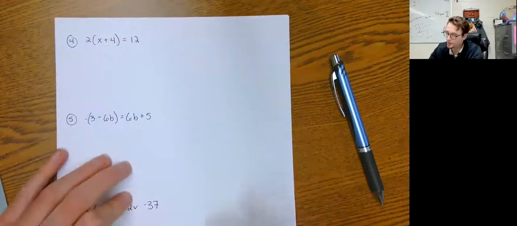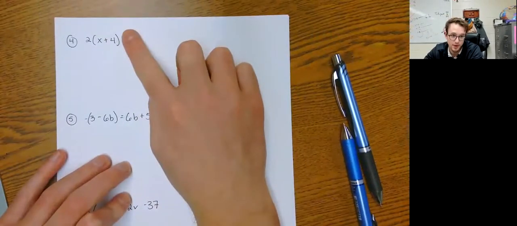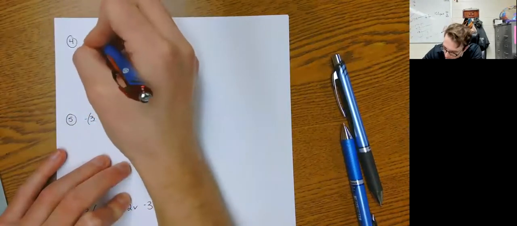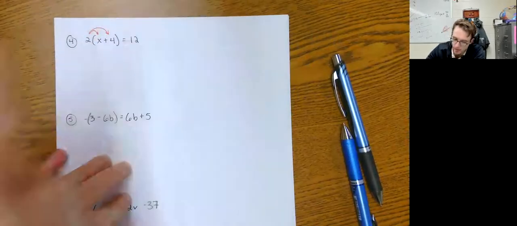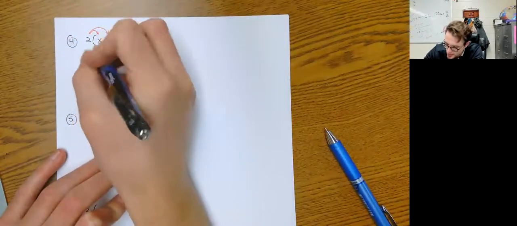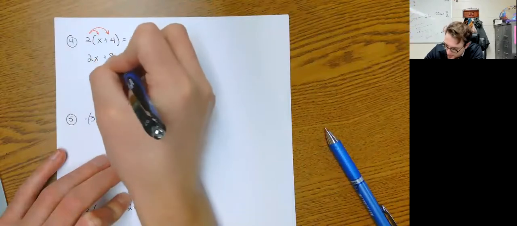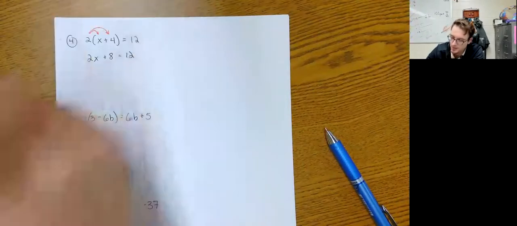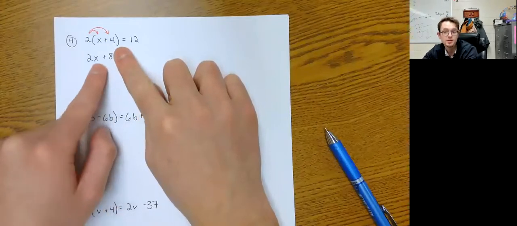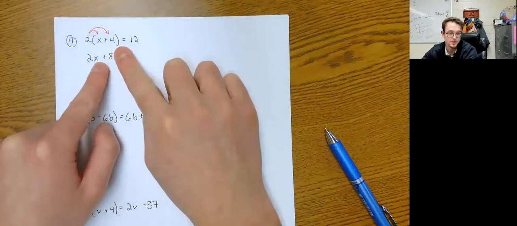Okay, number 4, is that simplified? No, it is not. I need to distribute, so I'm going to distribute. I'm going to get 2 times x, which is 2x, 2 times 4, which is positive 8, equals 12. All right, is it simplified? Yes. Oh, and I still have a variable, so I can start solving for this variable.